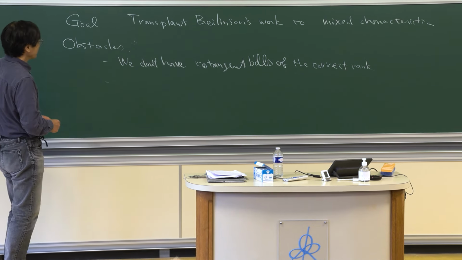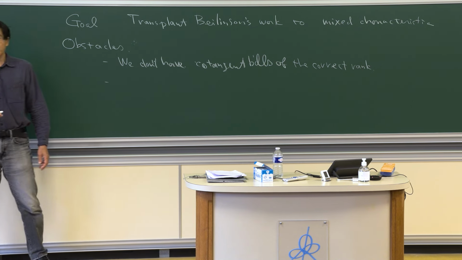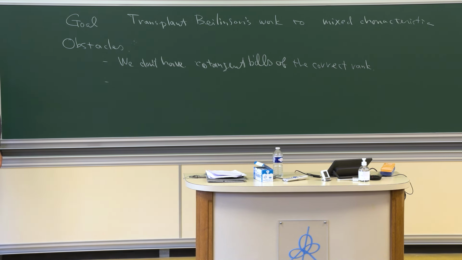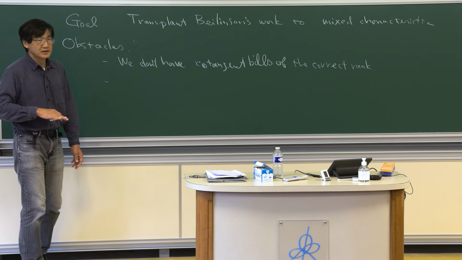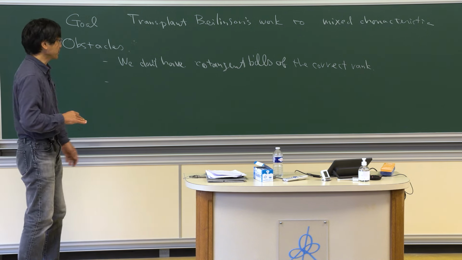And the second one is that in the definition of micro support, we have the morphisms h and f, and we consider local acyclicity for the second morphism f.